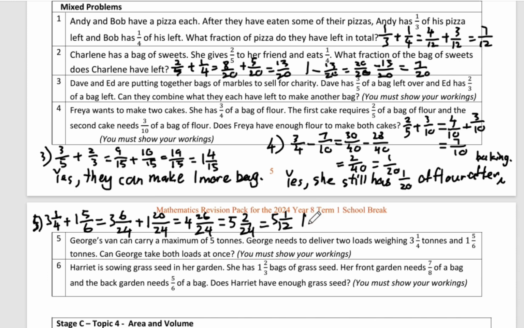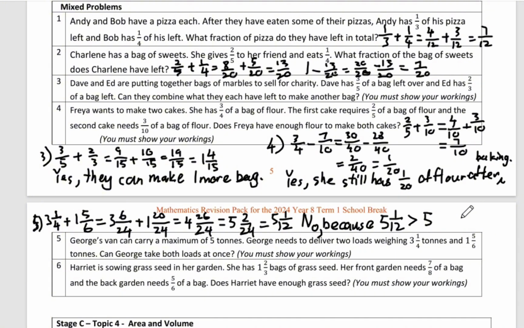And no, because 5 and 1 over 12 is larger than 5.